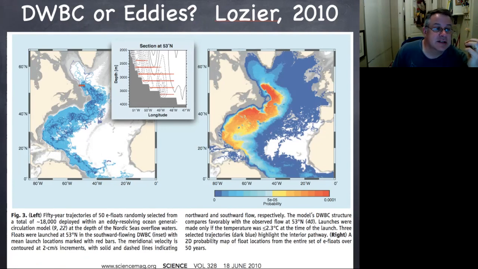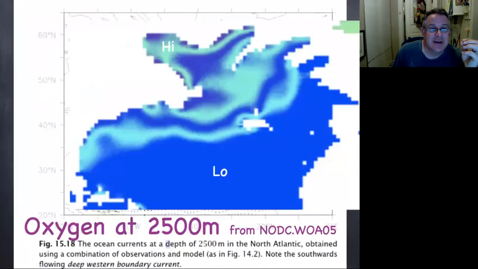So this oxygen is not showing you a nice tight western boundary current. It's kind of showing you a big diffuse thing. And that's because there's so many eddies down here that mean circulation is kind of overwhelmed by the lateral transport of eddies. And so the Stommel-Arons-Faller theory is deficient in that it does not have eddies.